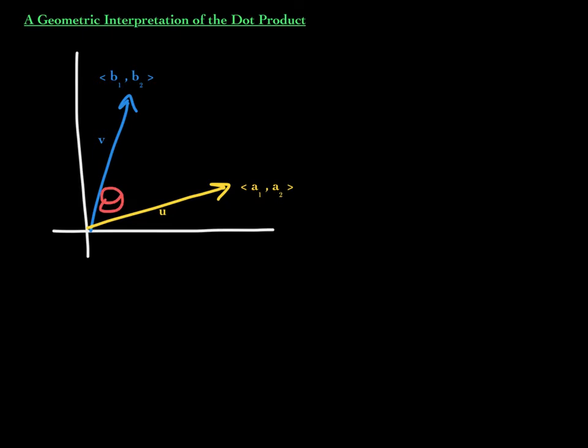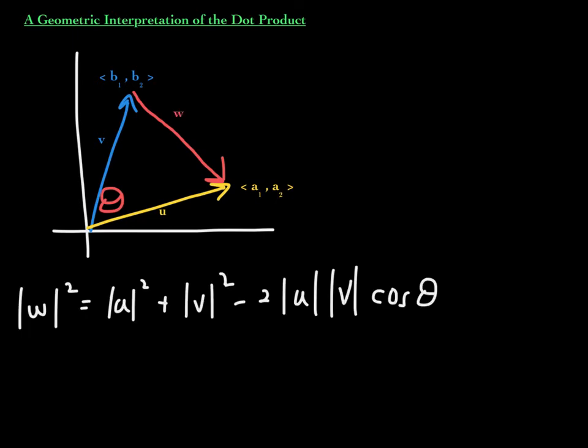Okay, so I can use the law of cosines. If I start from this terminal point and go to this terminal point here, draw that vector there, then the law of cosines will lead me to the following. Now what I've done here is, by the way, I've labeled this vector here, which has its initial point at the terminal point of vector v, and its terminal point at the terminal point of vector u.